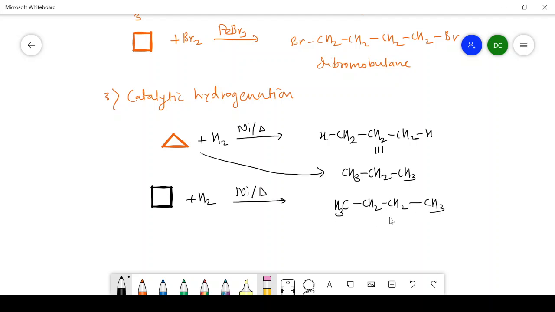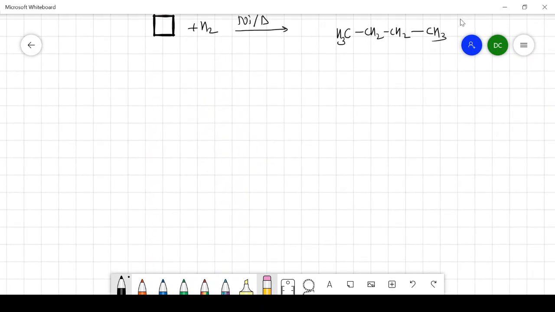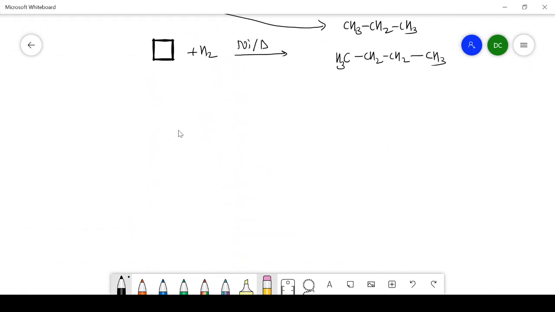In this way, we are getting the corresponding acyclic analogs. That is, a cyclic compound is converted into acyclic analogs by the catalytic hydrogenation reaction. Now, the fourth reaction is hydrohalogenation.